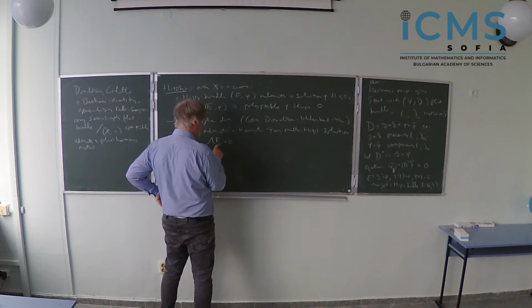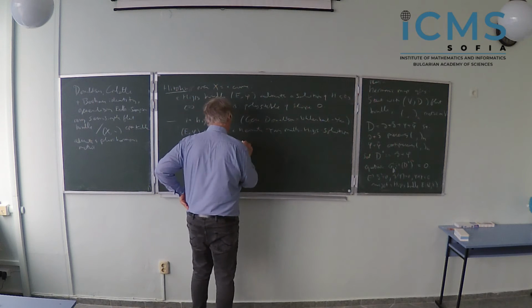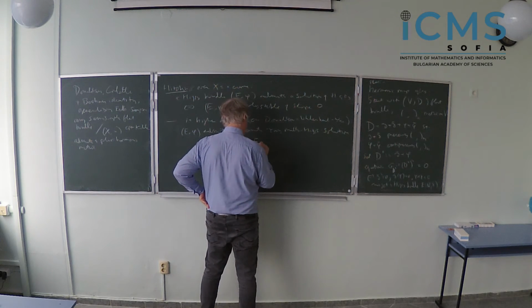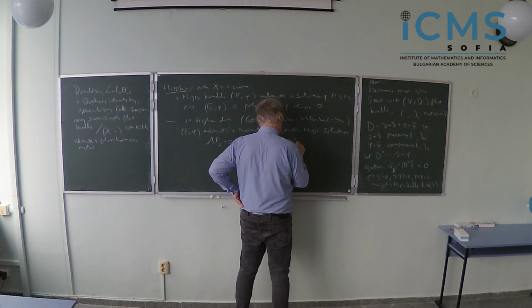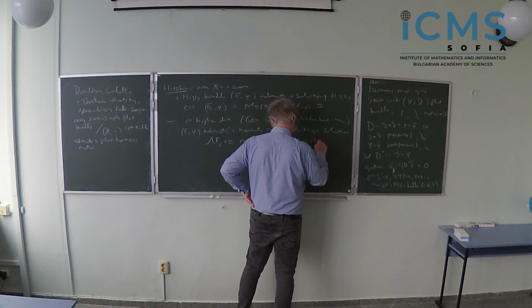Instead of asking the curvature to be 0, we only ask lambda the curvature to equal 0, if and only if E, phi is polystable at slope 0.